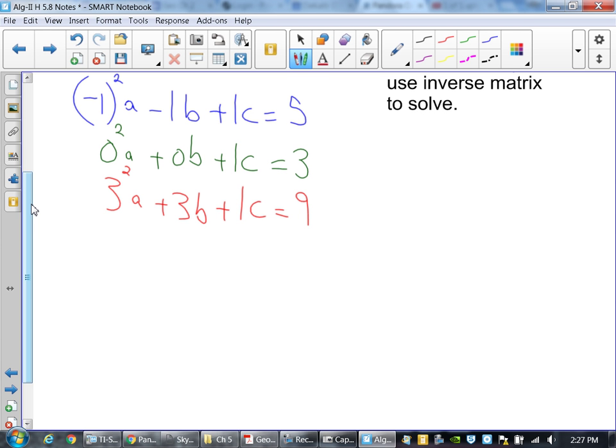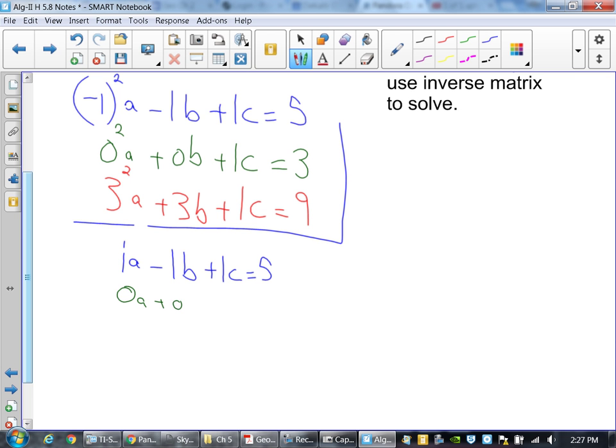What's negative 1 squared? 1. So it's 1a minus 1b plus 1c is 5. 0a, 0b, 1c is 3. 9a, 3b, 1c is 9.